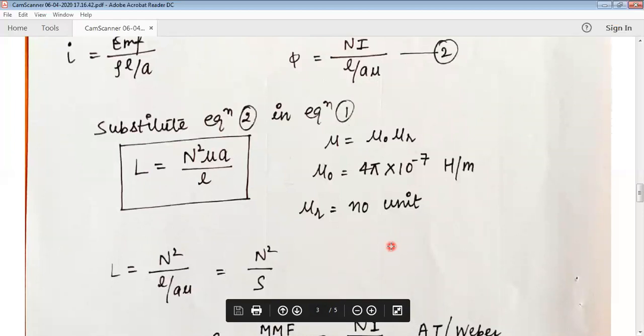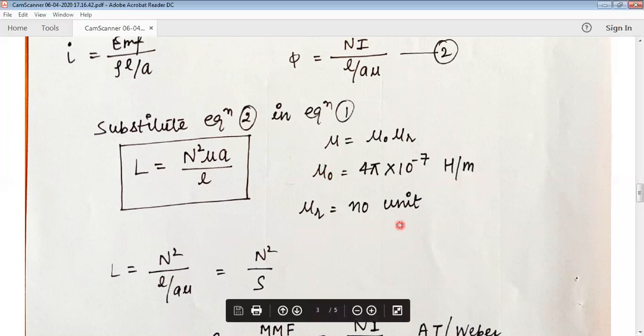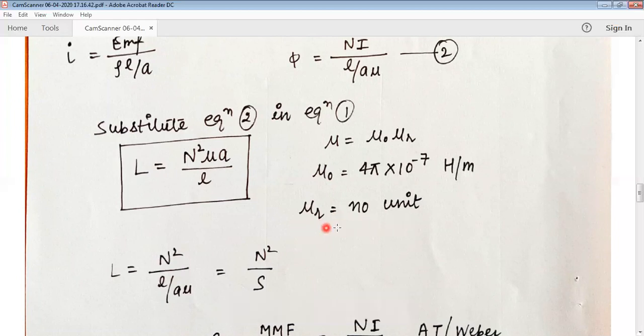Permeability is the property of the medium in which magnetic flux lines exist. So mu naught is your absolute permeability, and mu R is your relative permeability. Absolute permeability has the unit of Henry per meter, and relative permeability has no unit. For air, the relative permeability equals 1.